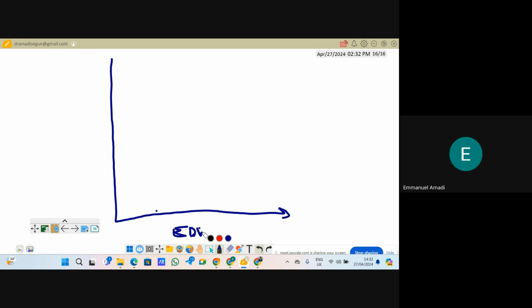This is your stroke volume. So stroke volume is on the vertical, and we have known the two things we're comparing.